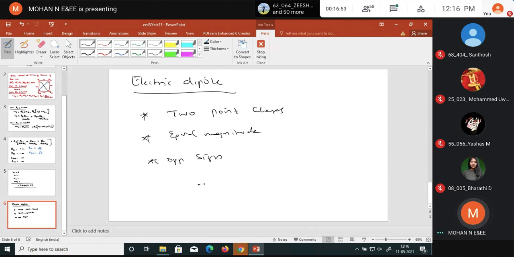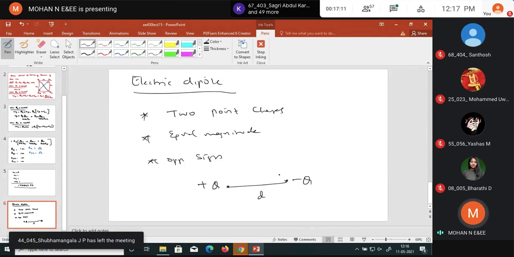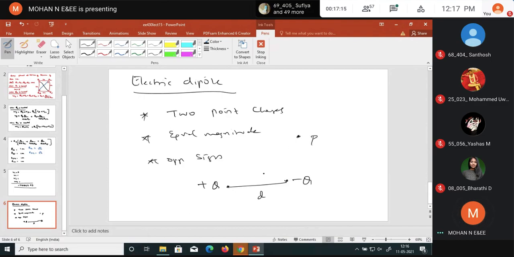So, for example, if you have a charge like this, plus Q, and you have an equal charge of Q with an opposite sign, separated by a small distance d, you can find the field at this point.